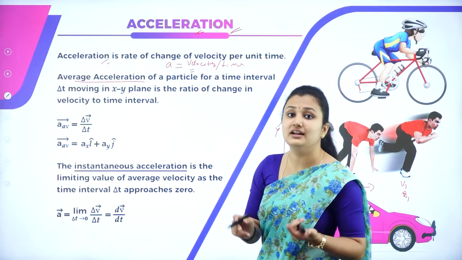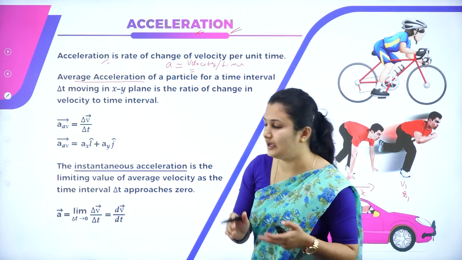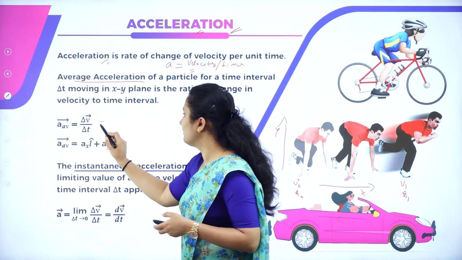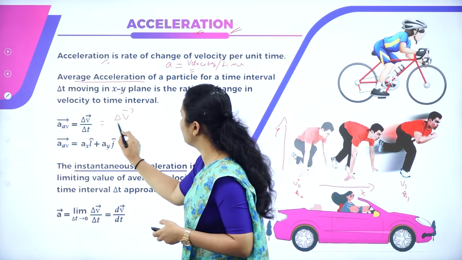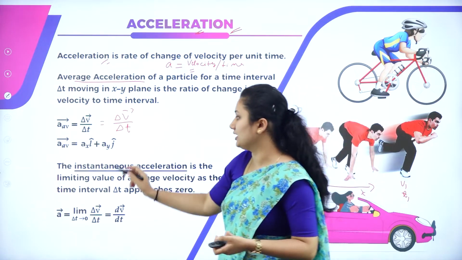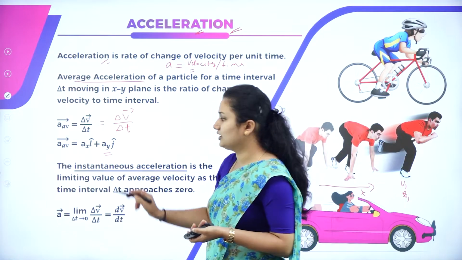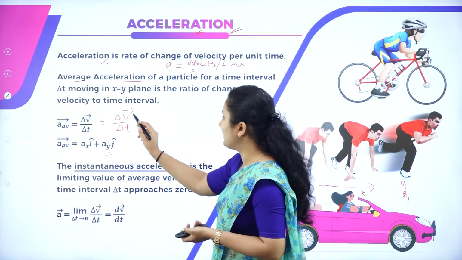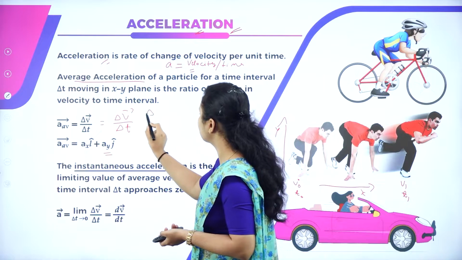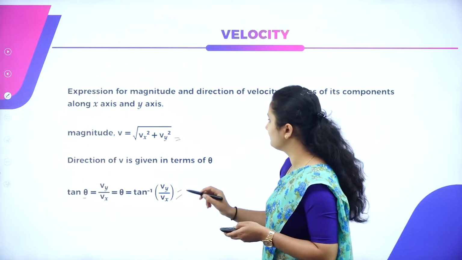Acceleration is now delta v by delta t. Velocity was delta r by delta t. Acceleration is change in velocity by time. Similar to velocity, how will you arrive at this equation? When I say delta v, what is v here?